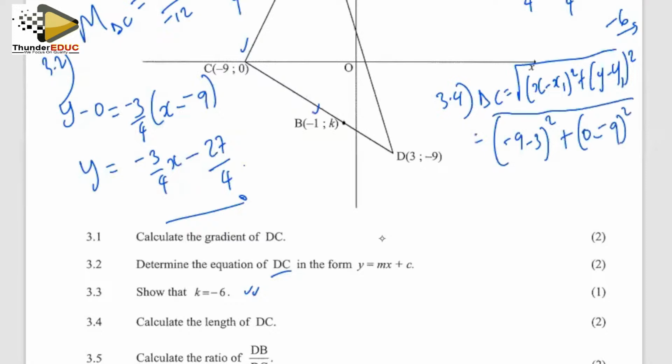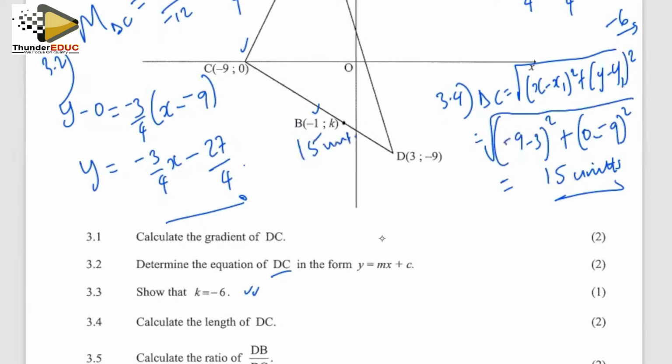This must be under the root sign. So when I punch that into my calculator, okay, -9, and then that is a 12. I'm ending up with 15 units. Okay, so that is 15 units.